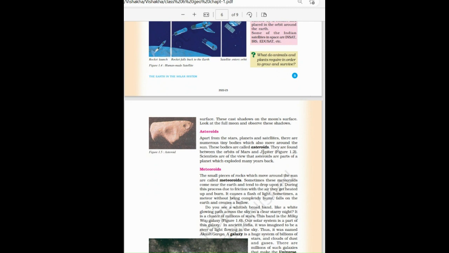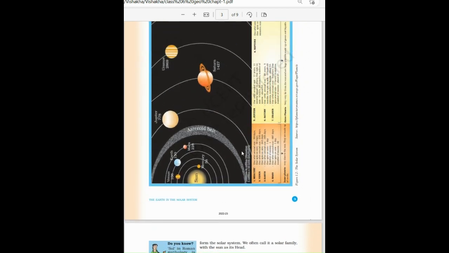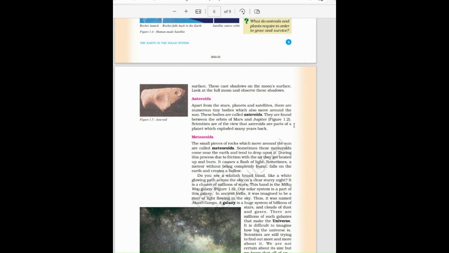You can find one in the picture, between Mars and Jupiter in the diagram. This belt between Mars and Jupiter is called the asteroid belt. According to scientists, these asteroids are part of a planet which exploded many years back.